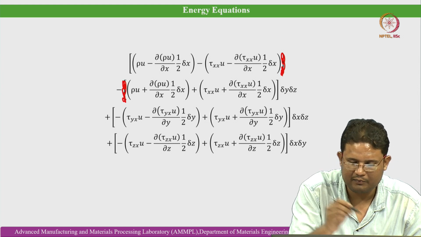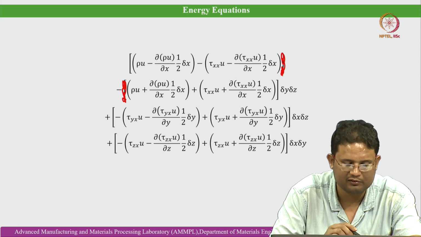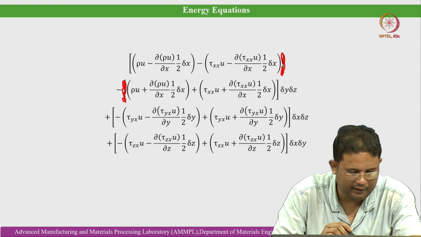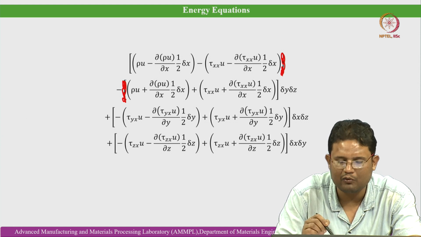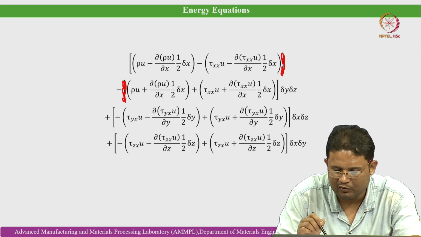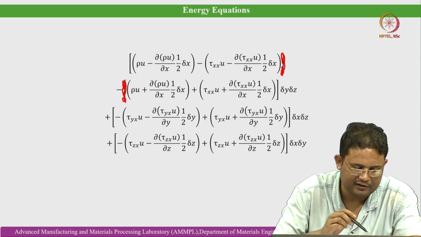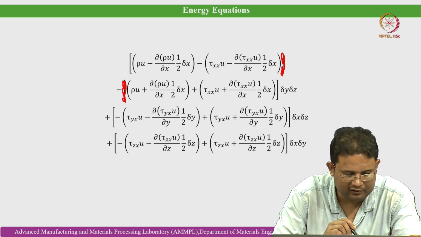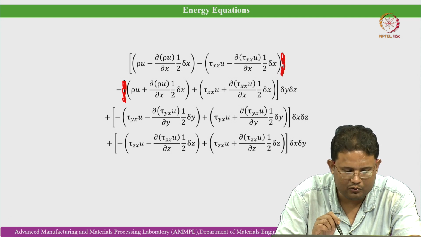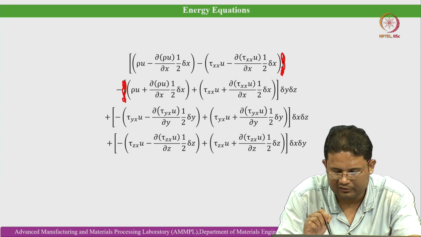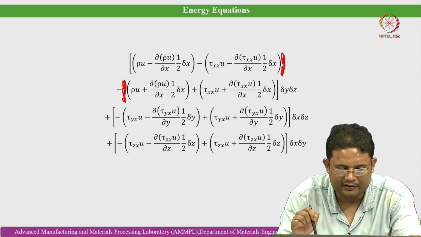It starts from here and cancels here, and then plus (minus tau yx u minus del tau yx u by del y into delta y by 2, plus tau yx u plus del tau yx u by del y into delta y by 2), multiplied by delta x delta z, plus (minus tau zx u minus del tau zx u by del z into delta z by 2, plus tau zx u plus del tau zx u by del z into delta z by 2), multiplied by delta x delta y.